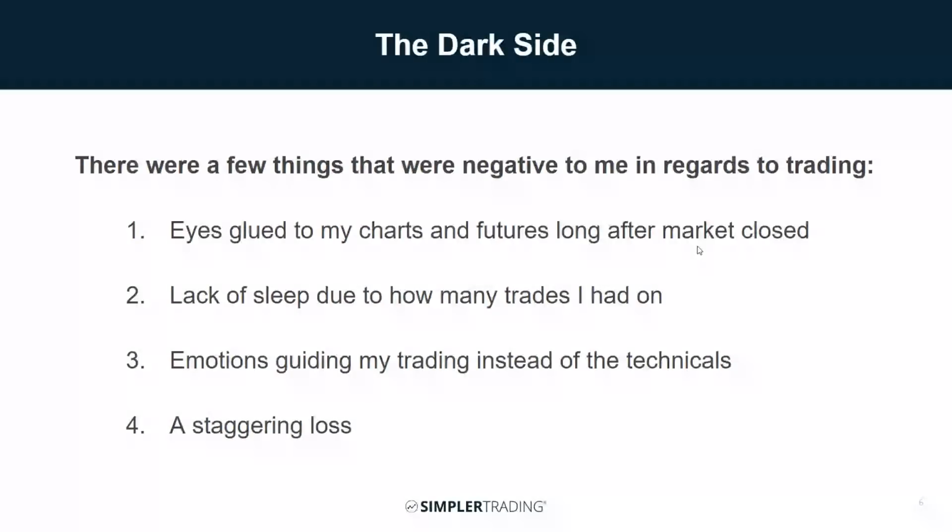I would be up watching how Asia would open, how Asia would close, how Europe would open, how the futures were doing in the markets, how a particular symbol I might be trading looked on after hours trading. And so I'd be up almost all night just looking at these things and wondering what that was going to do to my trades the next day.